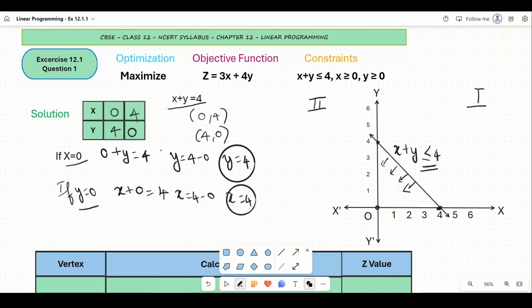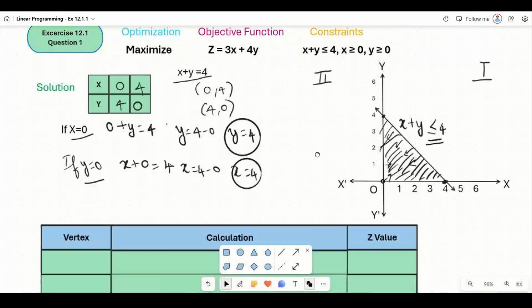So we will generally get a line, and x is greater than 0, it should be above this, and y is also greater than 0. So the answer will be somewhere within this area. This is the feasible area for our problem. So this way we have found the 3 different corner points for our calculation.